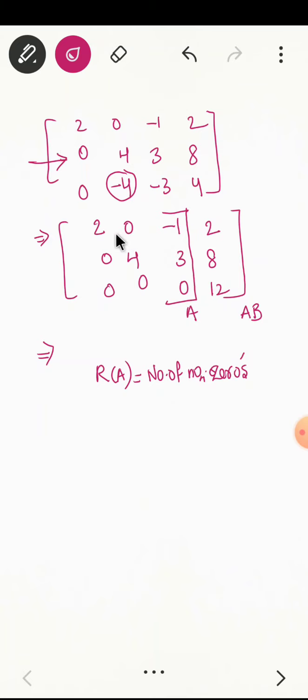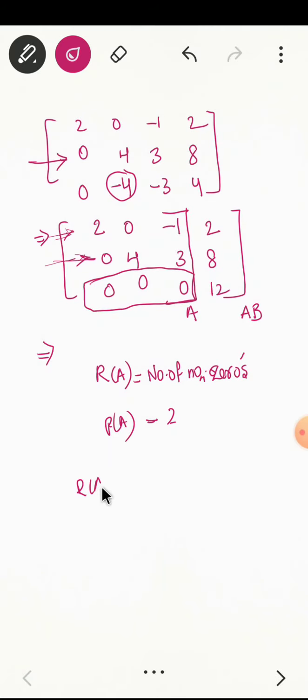Here it is 0, even though you have a number here, so we call it a 0 row. This is also a 0 row. This is a non-zero row, this is a 0 row, because all three are zeros. How many non-zero rows are there? 2. So the rank of A is equal to 2.